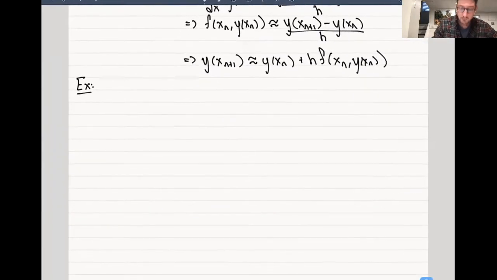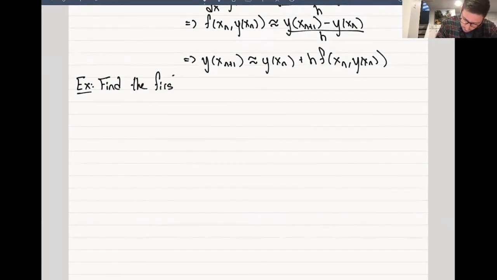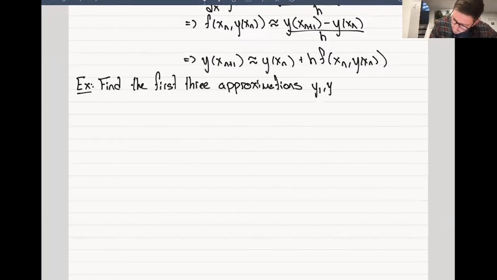So let's say, find the first three approximations y1, y2, and y3 using Euler's method.